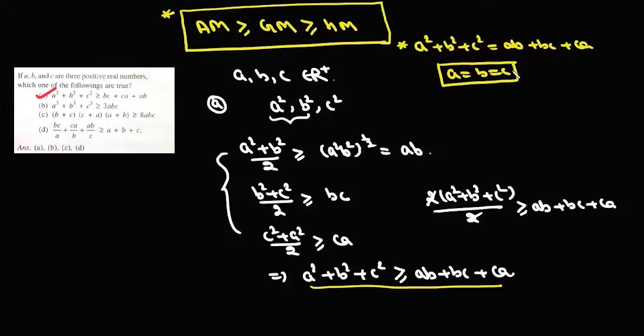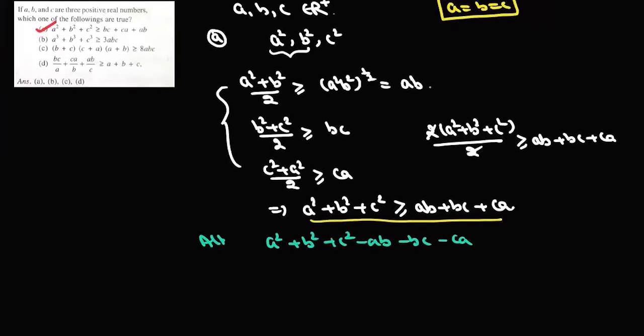Another way to solve the same question is, we can write this as a square plus b square plus c square minus ab minus bc minus ca. Now what we'll do is multiply and divide everything by 2. So we can write this as 1 by 2 times 2a square plus 2b square plus 2c square minus 2ab minus 2bc minus 2ca.